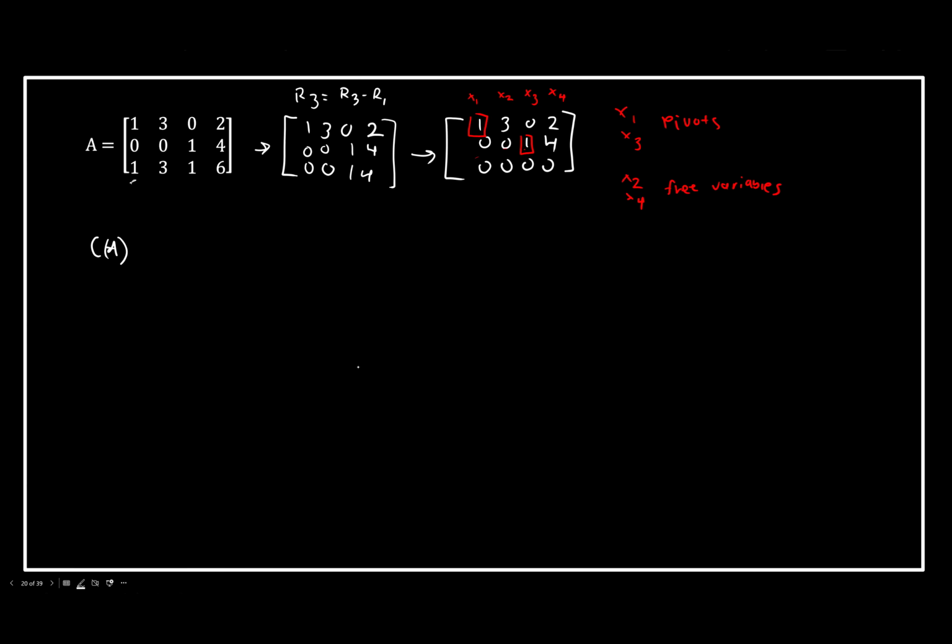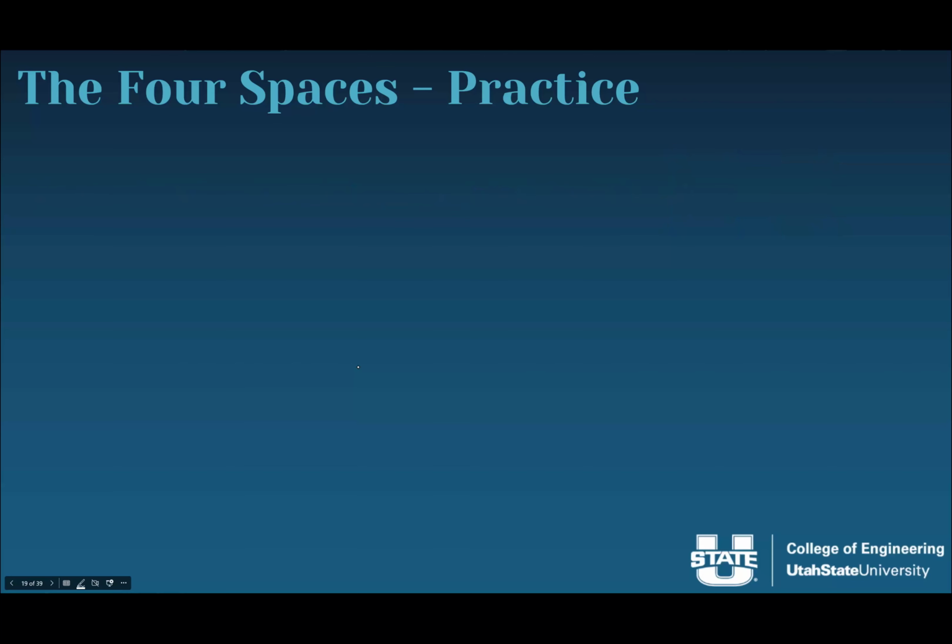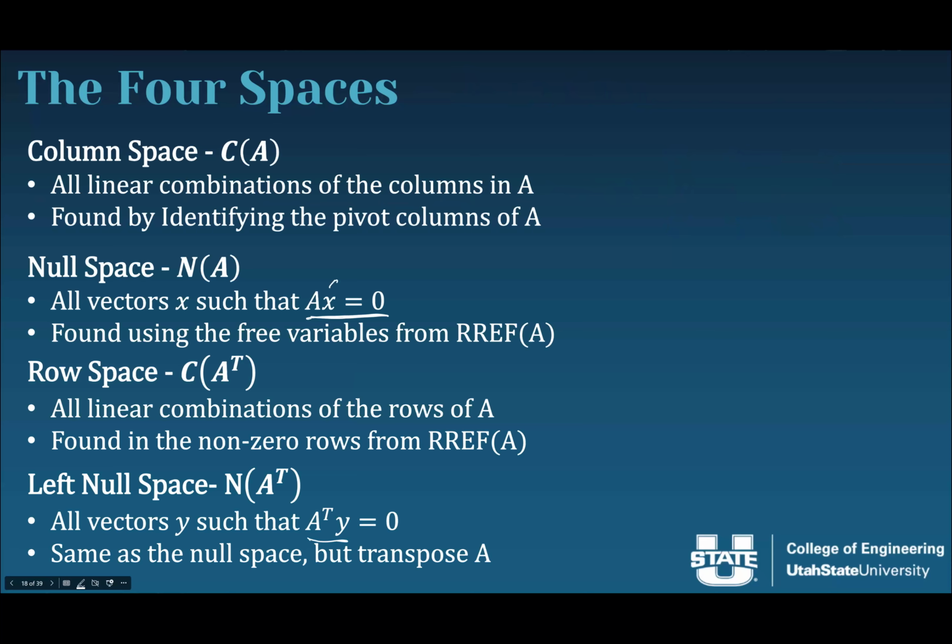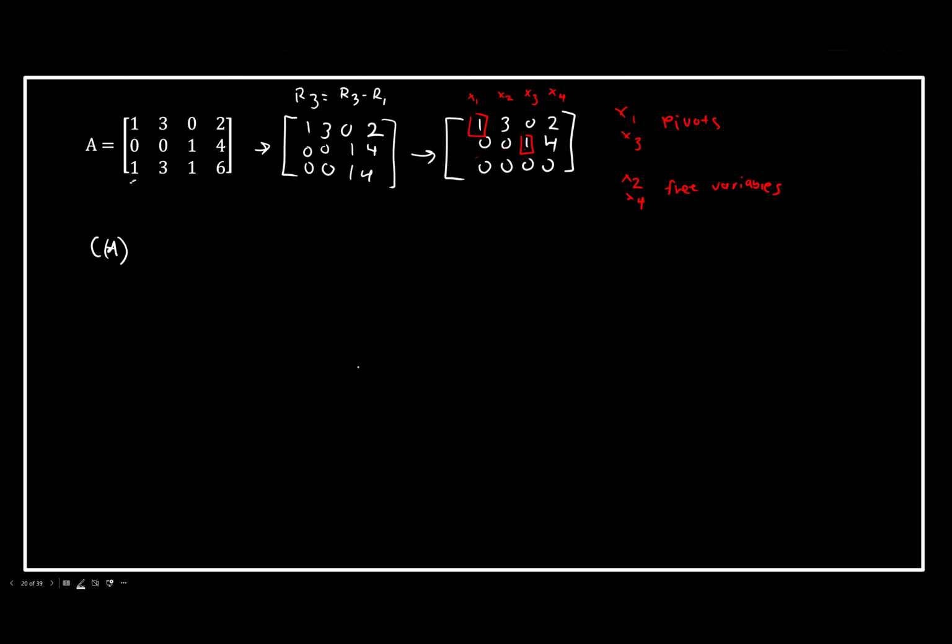So really quickly, the row space, if we go back, right? The row space is right here. Or actually the column space, we'll get to the column space in just a second. We're going to start with the row space, because you can find it from the non-zero rows of the RREF. Because we're allowed to do row operations, we can take the row space of our reduced row echelon form.